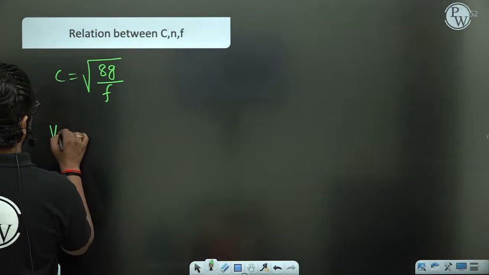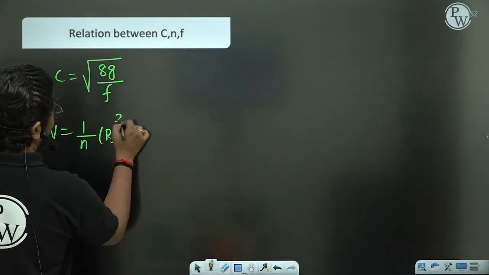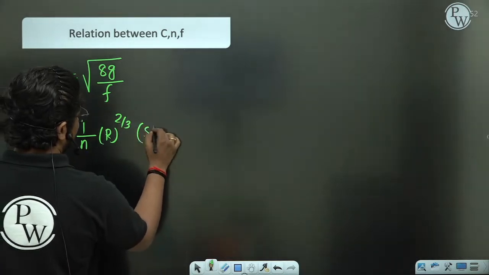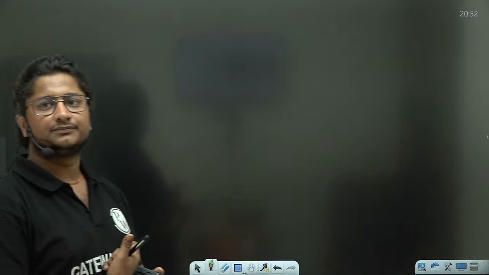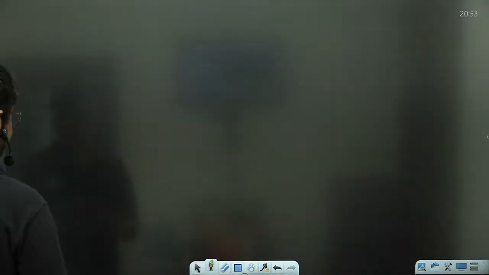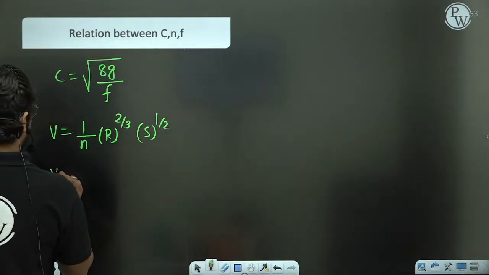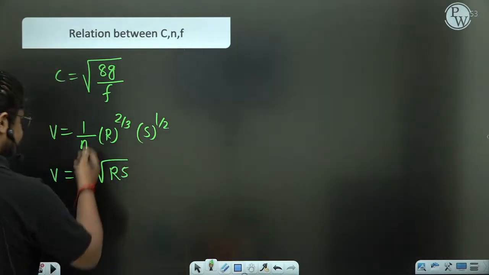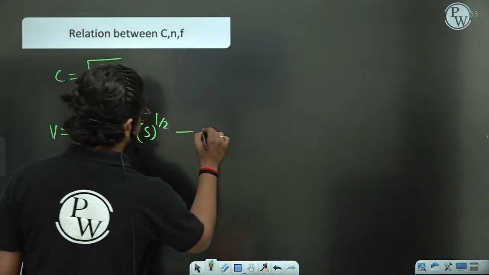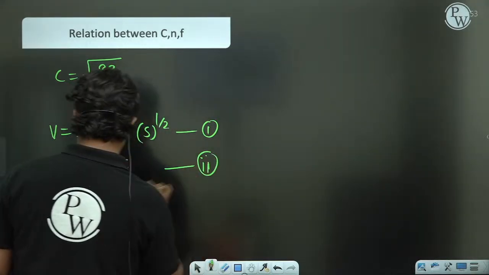You all know this formula: V equal to 1 by n, R to the power 2 by 3, S to the power 1 by 2. I think you already know this formula. Now another formula, Chezy's: V equal to C root under RS. Let us equate this equation. This is equation number 1 and this is equation number 2.